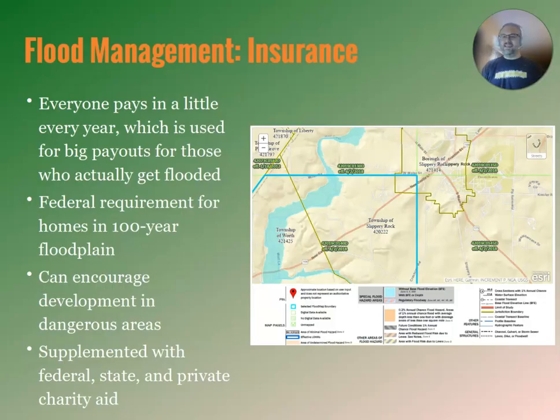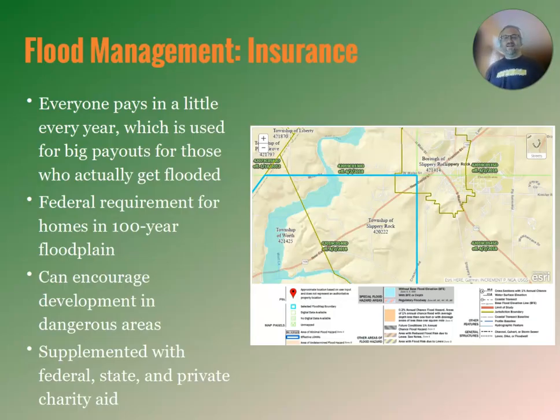So those serve in some ways kind of the same function as insurance, right? Because you're paying your taxes into the government. You may be making donations to charities when they're helping somebody else out, and then in the future maybe you'll get helped out by that same charity. So it's sort of the same idea as insurance. The downside to all this is that it can encourage development in dangerous areas, because if you are like, well, I have flood insurance and I know the government is probably going to give aid if we get a pretty serious flood, then it's not so bad to build in a floodplain that might otherwise be an attractive place to live.